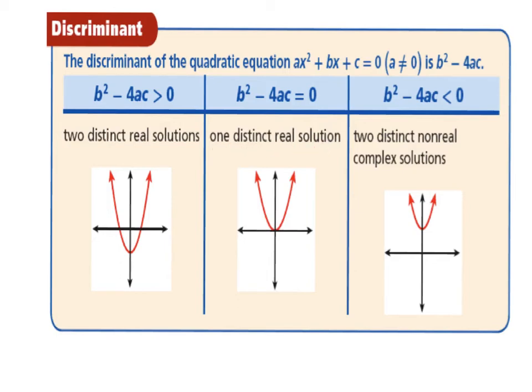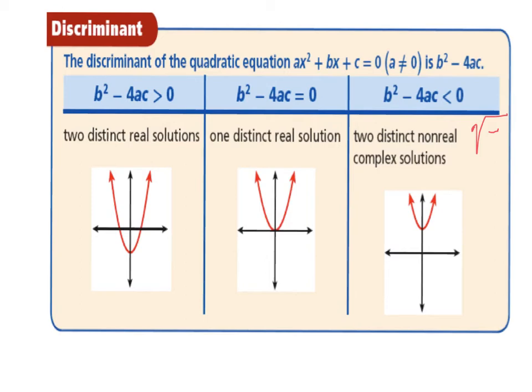In other words, you will have one distinct real solution. Now, what about if your discriminant is less than 0? Well, in that case, you're going to have the square root of a negative number. If your discriminant is negative, that tells us right there that we do not have any real solutions. In the real number system, it doesn't have any.